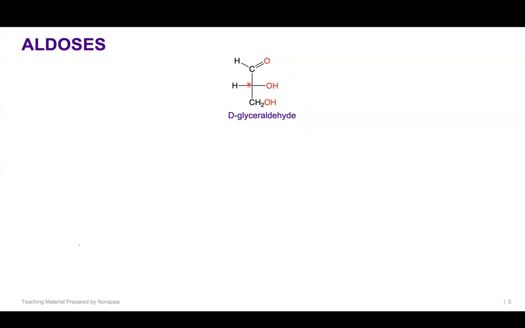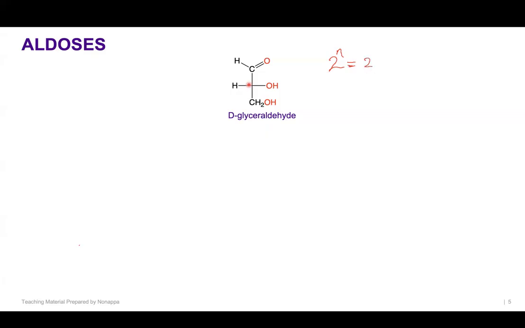If you have n number of chiral centers or asymmetric carbons, then the possible number of isomers is 2 raised to n, because every carbon center can give you two possible isomers.